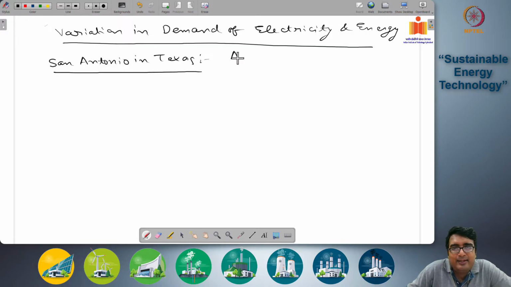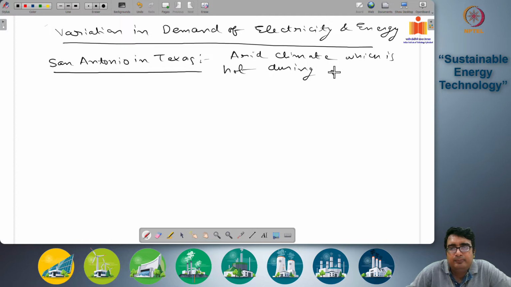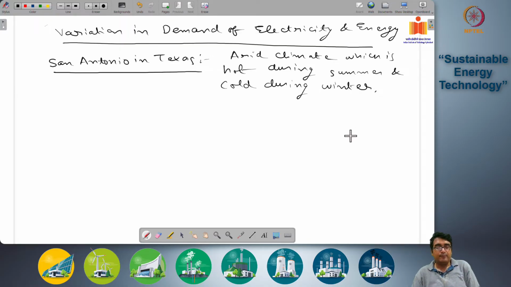This is an arid climate which is hot during summer and cold during winter. So San Antonio, Texas is a typical continental climate.